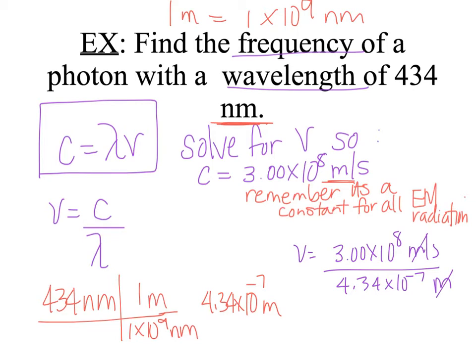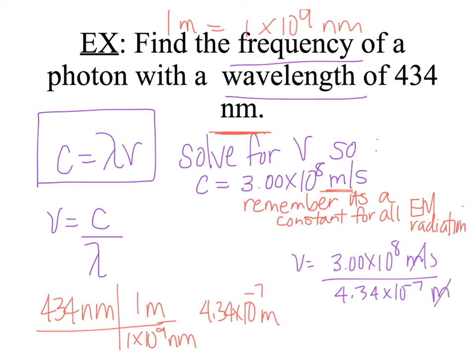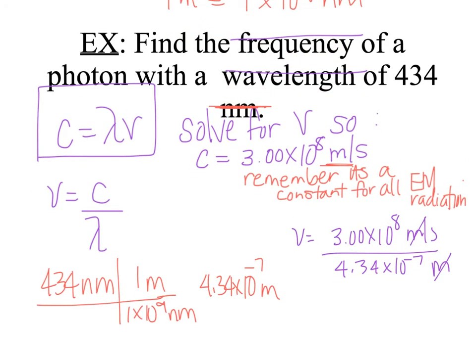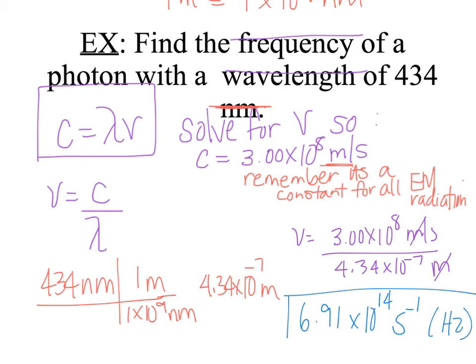Again, pause your video and see if you get the right answer. So what you should get is 6.91 times 10 to the 14th seconds to the minus 1, which remember is the same thing as a hertz. And that is your final answer.